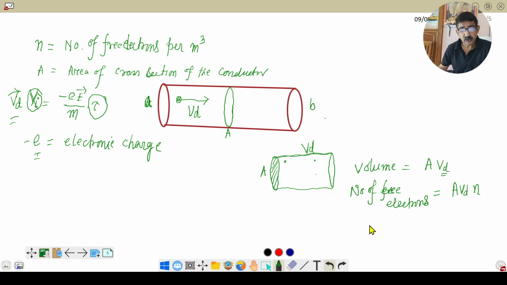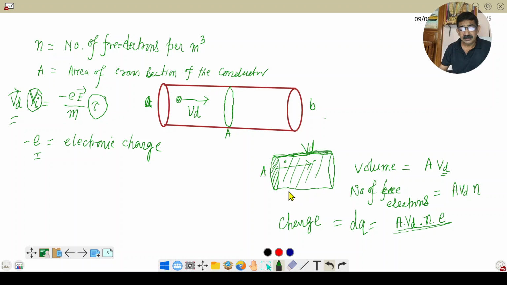So the total amount of charge inside this volume, dq, is equal to A into Vd into n into e, and this amount of charge moves along this direction in unit time.